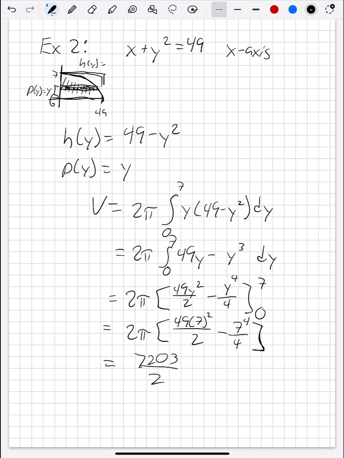Sorry about that. I should have checked my notes before. So the final answer for this one is 7,203 pi over 2.